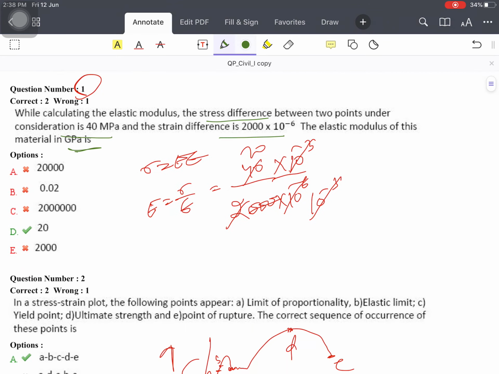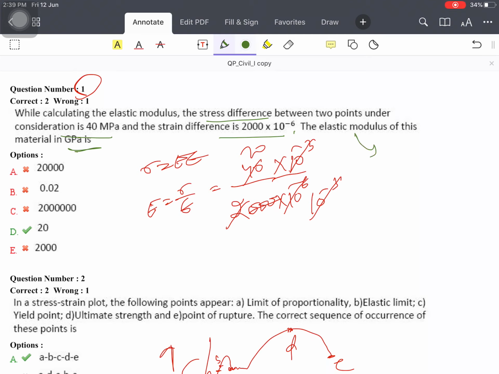Question number 1 is, while calculating the elastic modulus, the stress difference between 2 points under consideration is 40 megapascal and the strain difference is 2000 into 10 to the power minus 6. So, the elastic modulus of this material in gigapascal is.